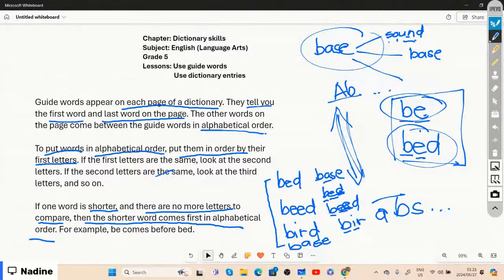So your dictionary will basically be your best friend, especially if you want to become a writer, a journalist, or a lawyer, and you're going to be reading a lot. Even us as teachers, dictionaries are our best friend, because we need to know all the different new words. We need to know the concept. An encyclopedia is not something you use as often as a dictionary.